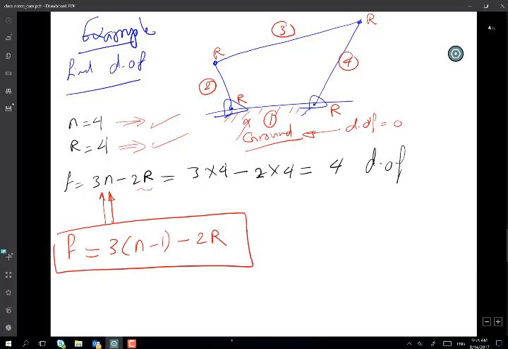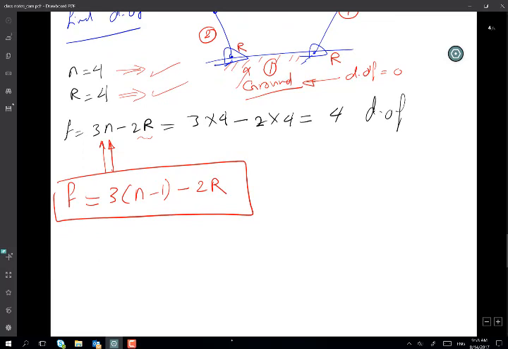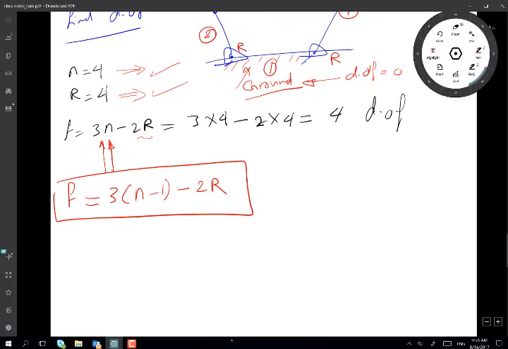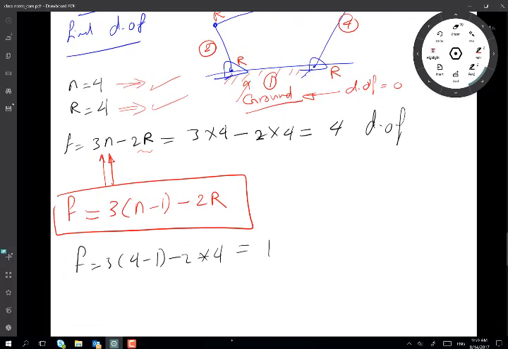Let's apply it: F is equal to 3 times (4 minus 1) minus 2 times 4, and this gives me 1. So now this linkage is a single degree of freedom linkage.